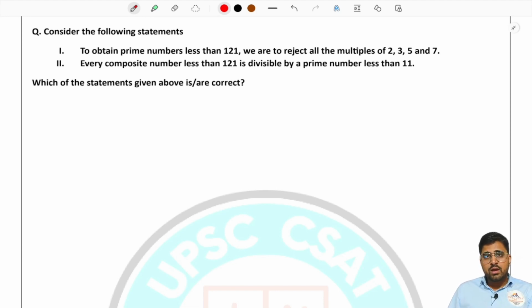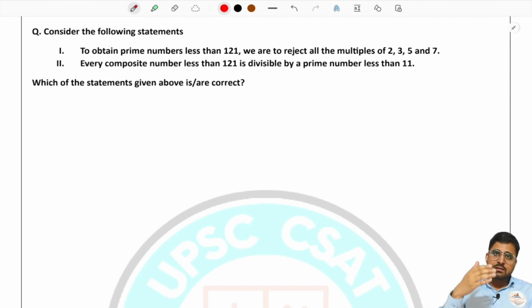What is the square of 11? It's 121. So for any prime number below 11, the multiples of it should be rejected. Like if there is 2, you have to reject 4, 8.